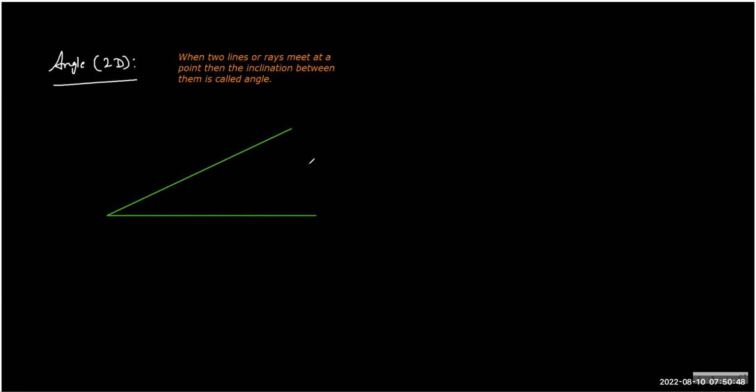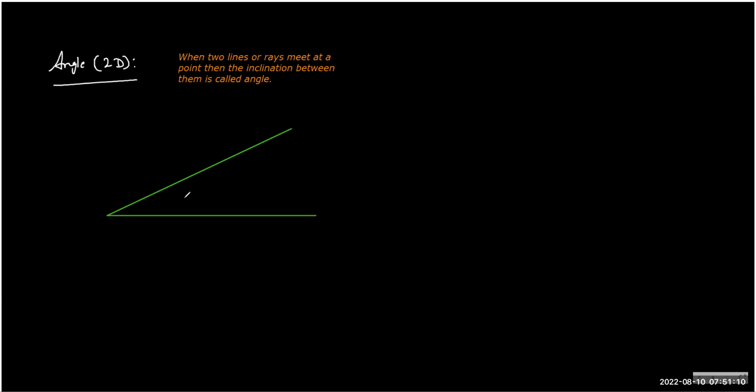And how can we represent the angle? It is the inclination between the two lines. So you can perceive that angle. You are saying you can perceive there is an inclination, but you cannot see the angle, right?